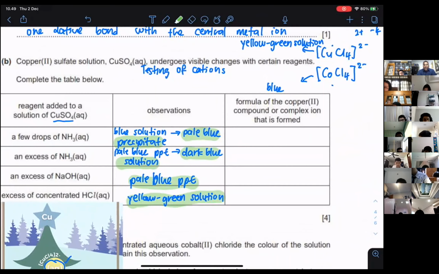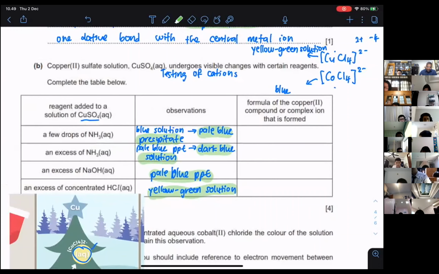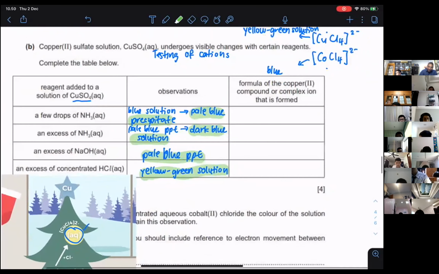The formula: now remember just now I said pale blue precipitate, and sometimes the pale blue precipitate will dissolve and so on. If you have a pale blue precipitate here with ammonia, then it will dissolve over here.